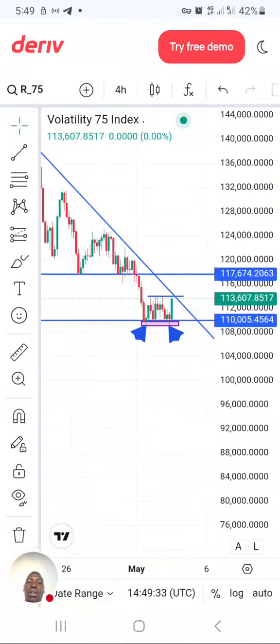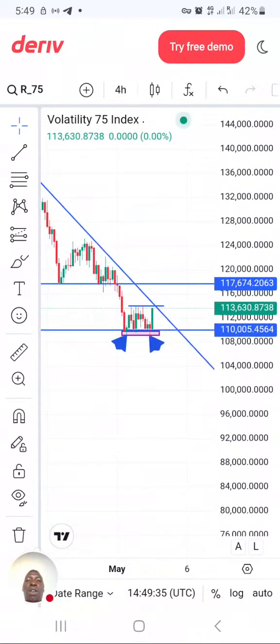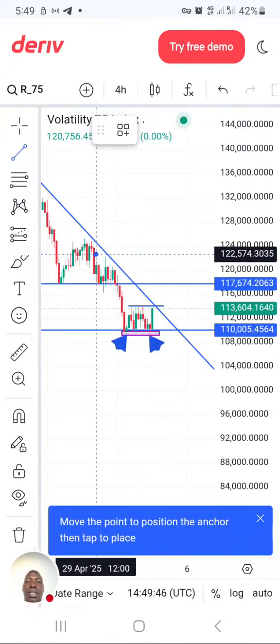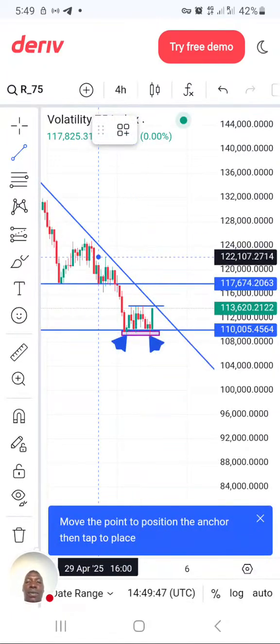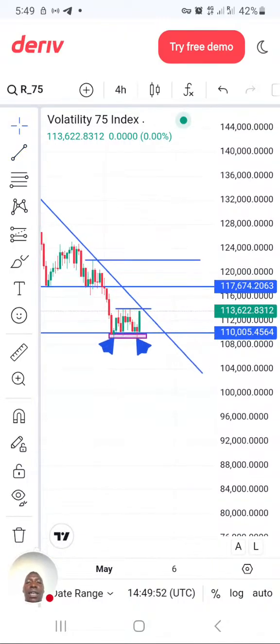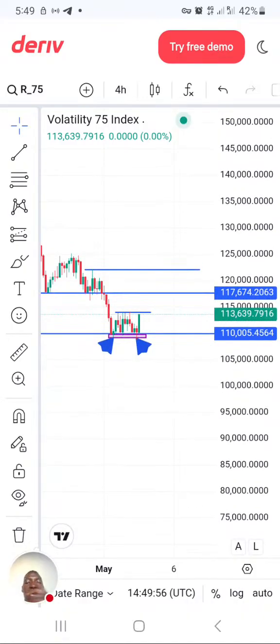Are you getting the point? So to confirm that the market will start going up, we have to wait for this area here to be broken, exactly this region here. Do you see this? So if that area gets broken, then we will confirm that the market has to start going upward. Are you getting the point?